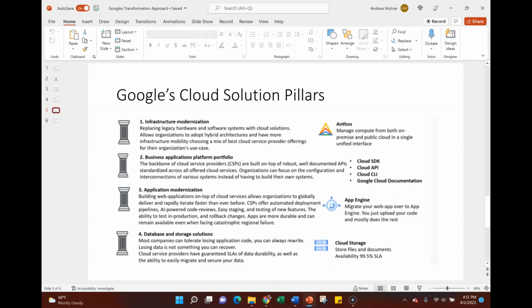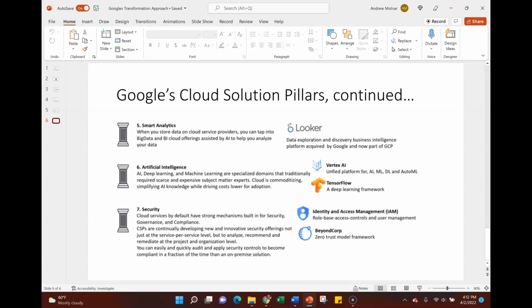For example, Google would offer Anthos, which manages the compute from both on-prem and public cloud in a single unified interface. Anyhow, not to study that, this isn't a technology course, but a course on technology that transforms. I wanted to provide some examples, and I thought Google was one of the best.